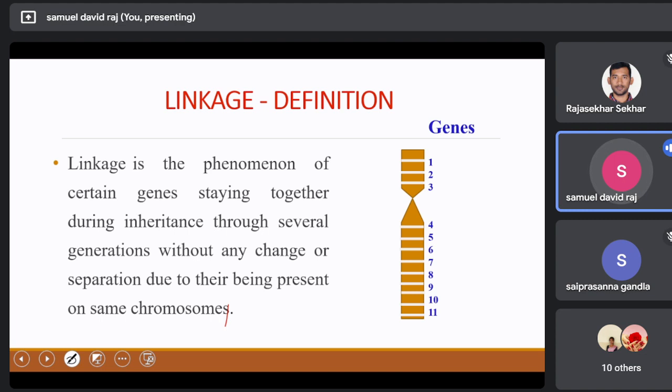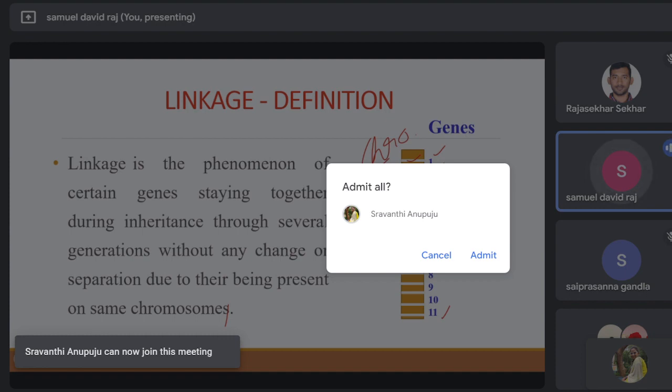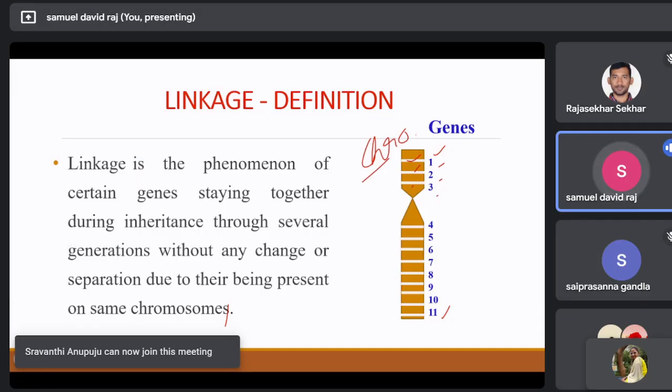So, what exactly is this? I have shown here one chromosome, and there are different loci, about 11 different loci present. Each locus contains one gene. So, these are all genes. What happens during the process of inheritance?